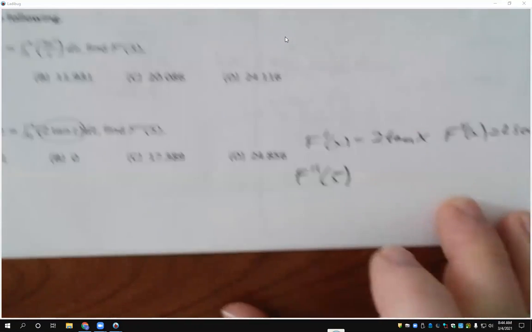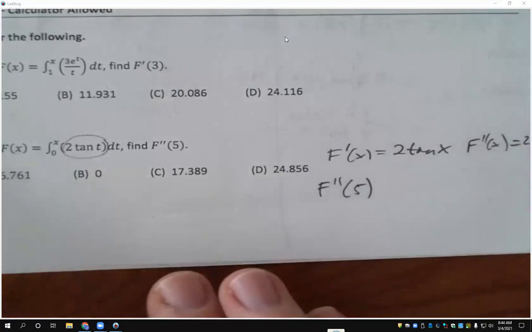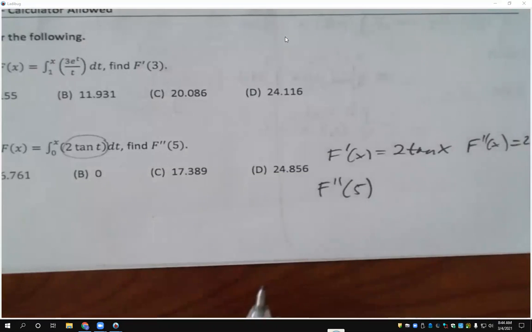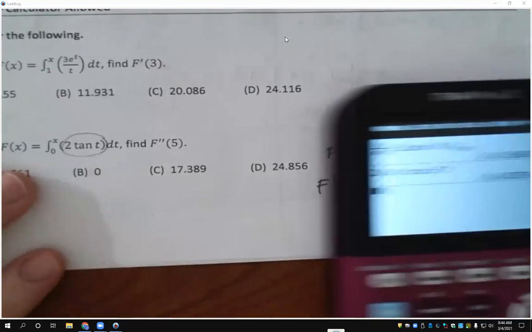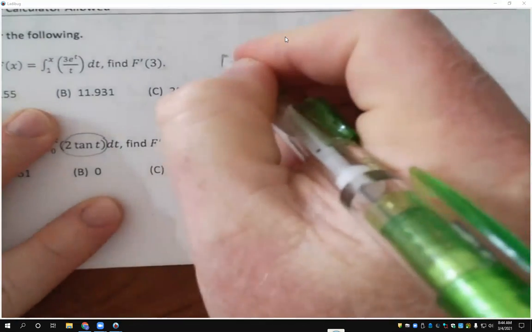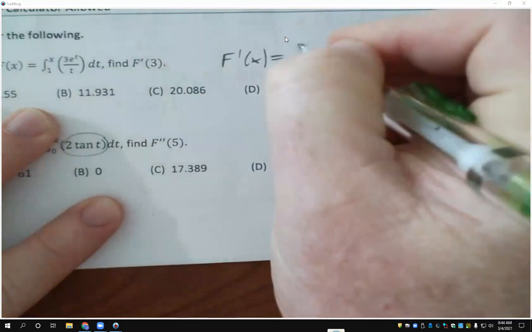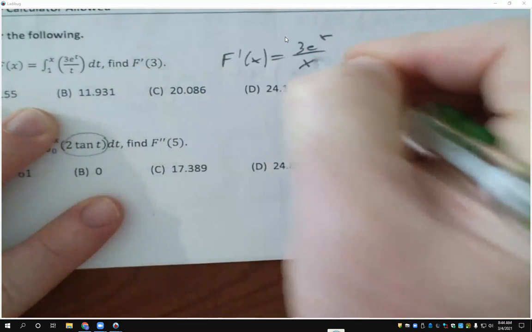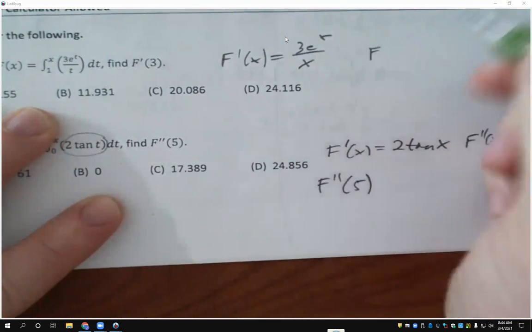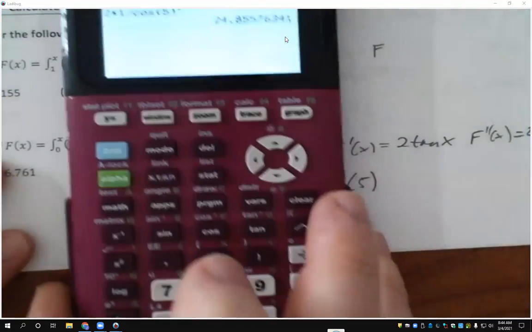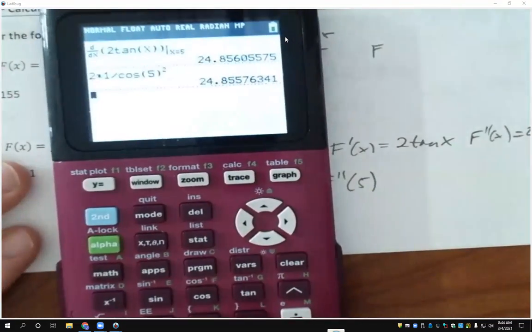All right, anybody for 35 before we flip over? Can you do that one just in the calculator? Yeah. All right, so we're doing F prime of 3. F prime of x is 3e to the x over x. So I'm just doing the derivative of that in the calculator. I'm not even going to type it in by hand.